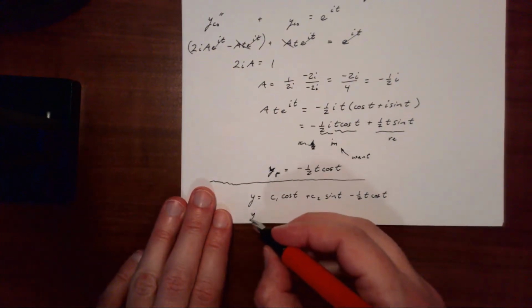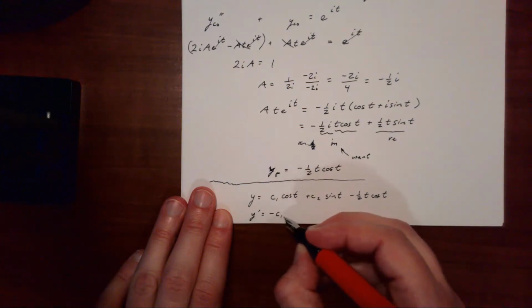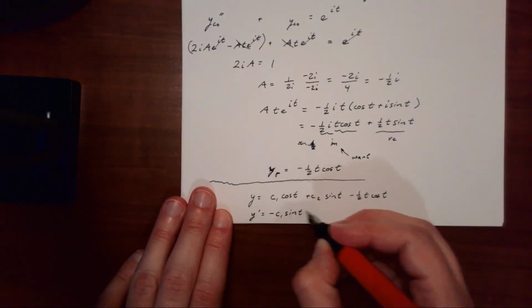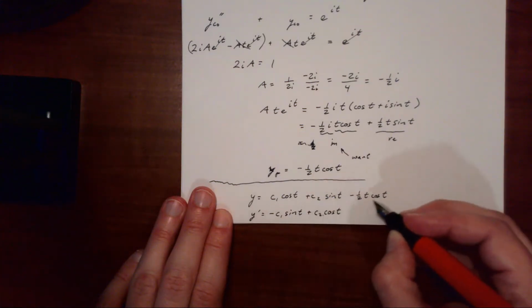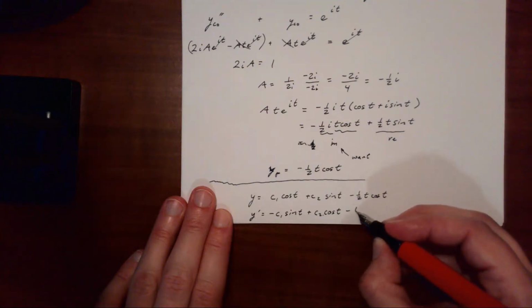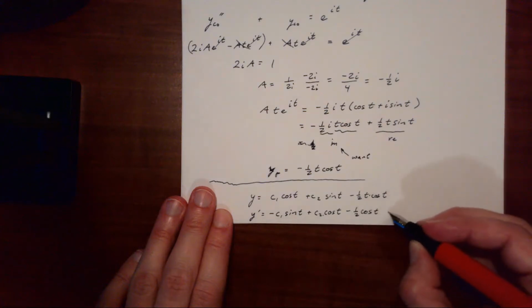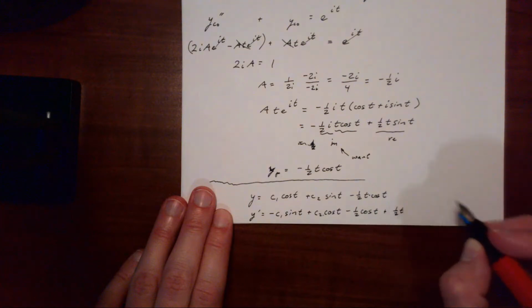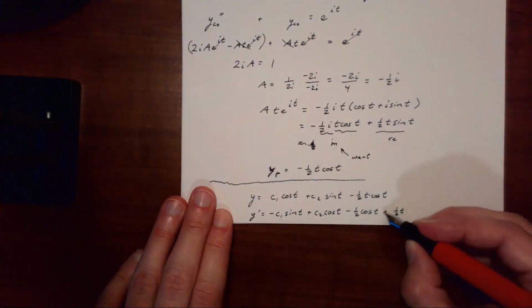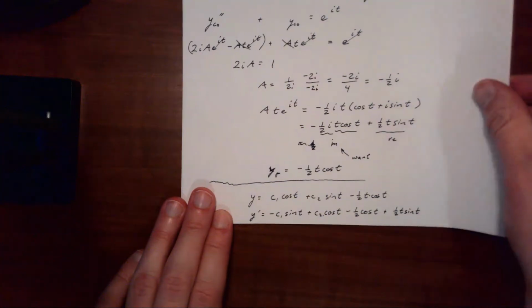So then y prime is equal to negative c1 sine t plus c2 cosine t. Here I'm going to need to use the product rule, so minus 1/2 cosine t, and then 1/2 t, and it would be negative sine t, but that cancels the negative that was in front, so that becomes positive sine t.